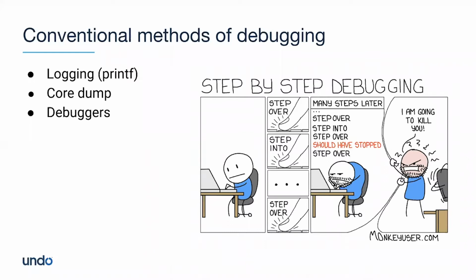So if we take logging as the first example, or printf debugging as we informally call it, we're trying to predict the type of information that we need to solve bugs when we put that logging together. And necessarily, we're trying to figure out far into the future what information we'll need to capture. But by their nature, bugs occur when we encounter something that we weren't expecting. So quite often, the logging information that we're able to capture doesn't really reflect the actual situation once that bug has been encountered.